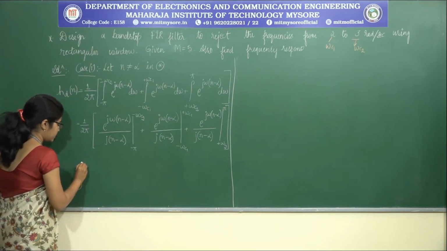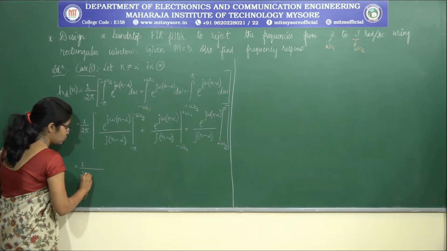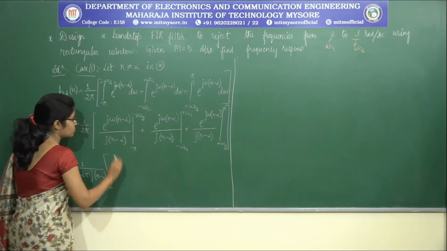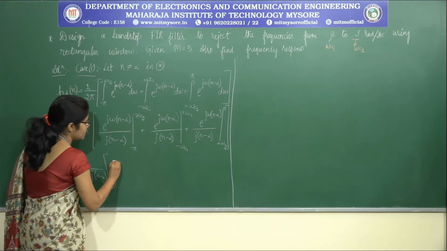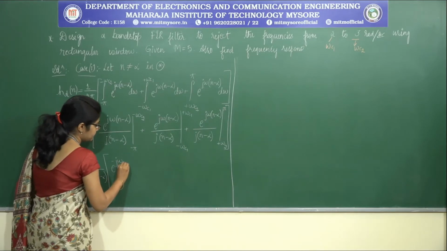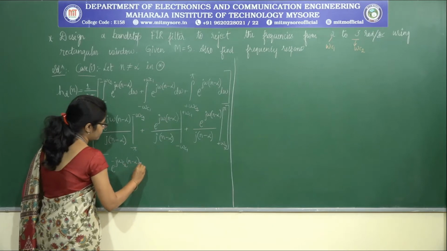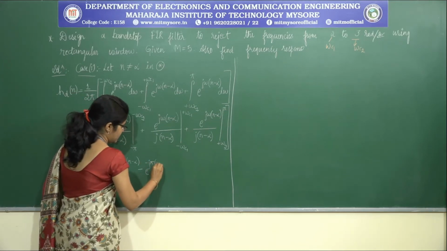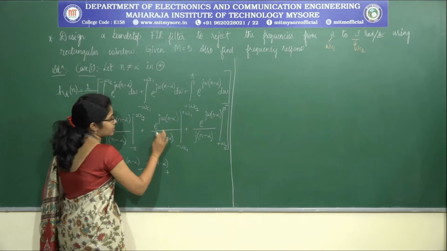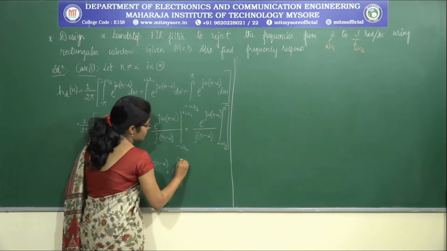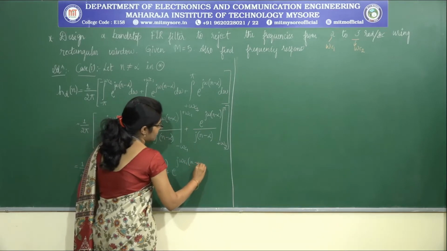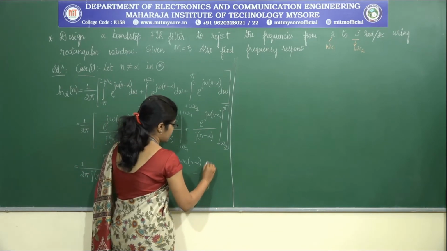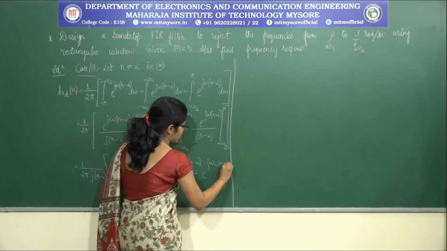So, if we do so, the equation will be 1 divided by 2 pi into j n minus alpha into, if I apply limits for this, it will be e power minus j omega c2 into n minus alpha minus e power minus j pi n minus alpha plus, coming to this, it will be e power j omega c1 into n minus alpha minus e power minus j omega c1 into n minus alpha.